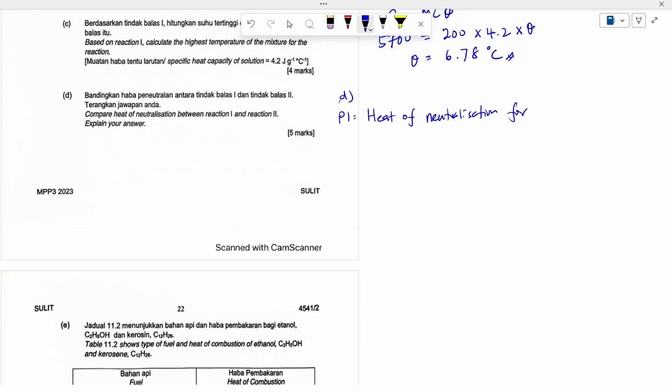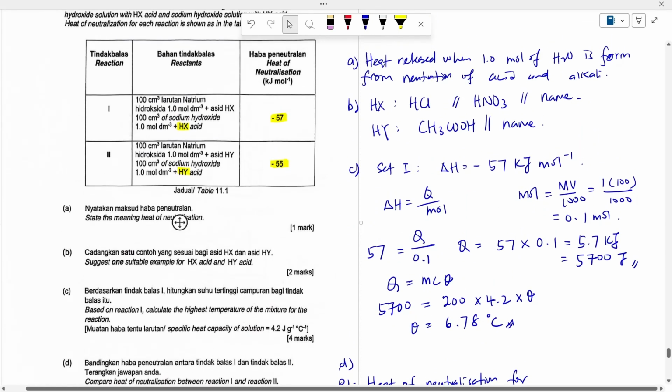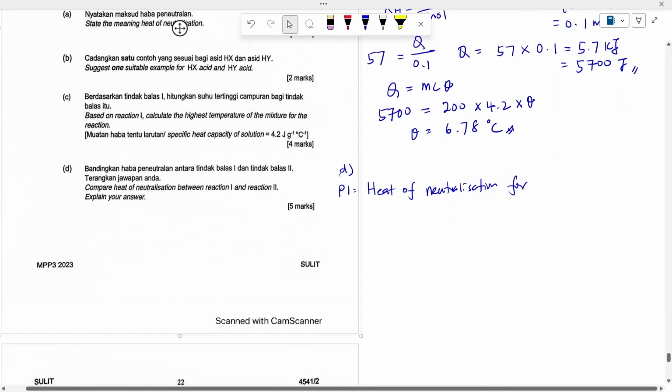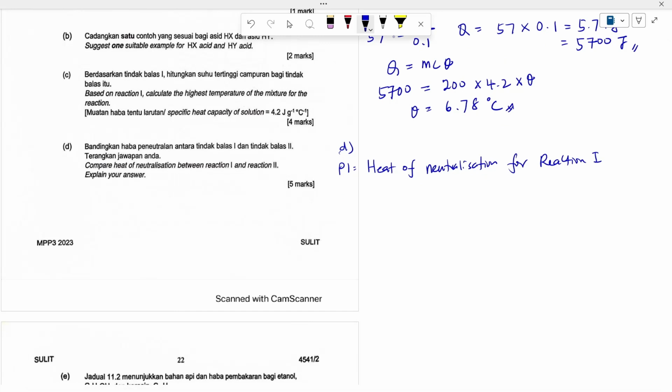Here we can see reaction 1 is higher compared to reaction 2. So reaction 1 is higher than reaction 2. Why? You need to explain.